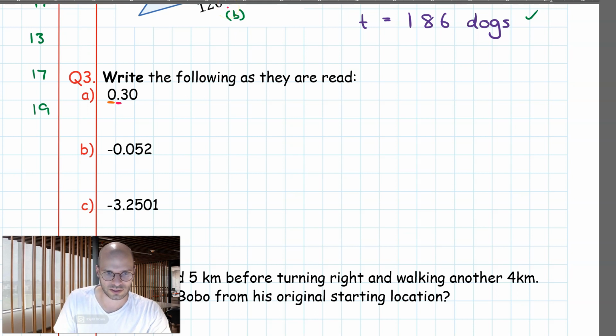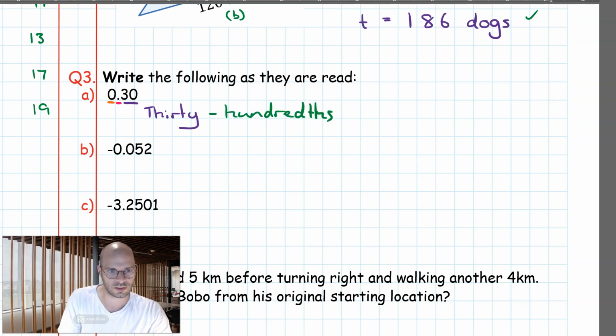Now because everything to the left is 0, I don't write anything for that either. Rather, I look to the right and I see the number 30, so I write 30. Next I look at my place value. I have tenths, then I have hundredths. So what I'm going to say is this is 30.